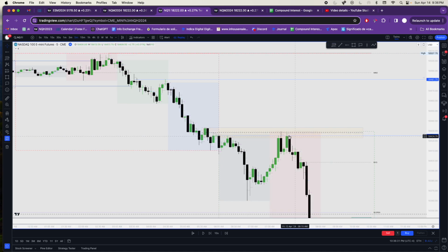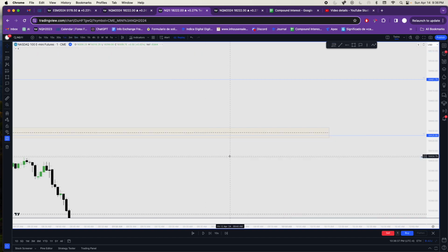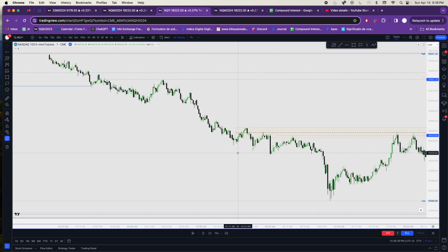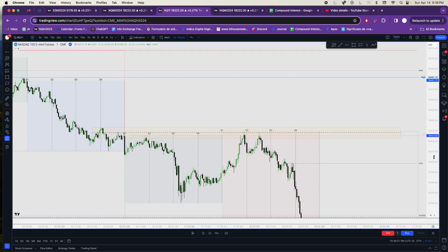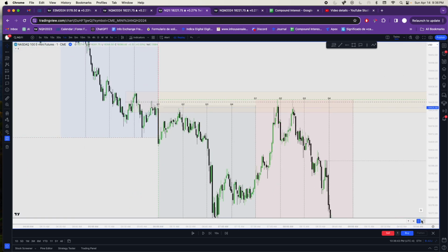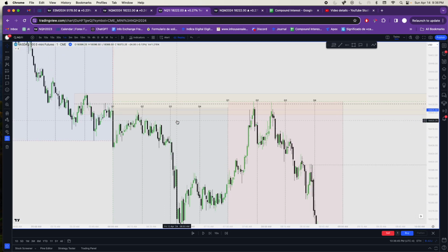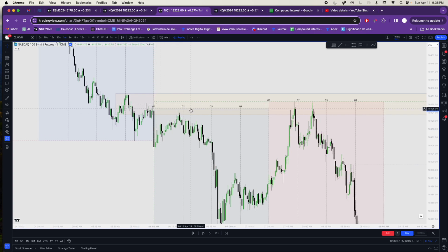And we also have these swing highs here. If we go to the 1 minute, this is what it looks like. Boom. Here's a fair value gap right in here.